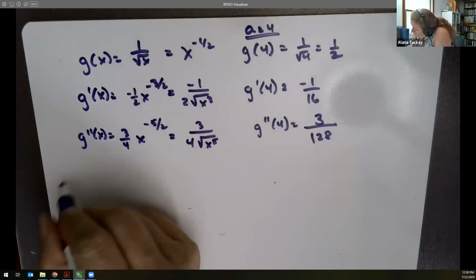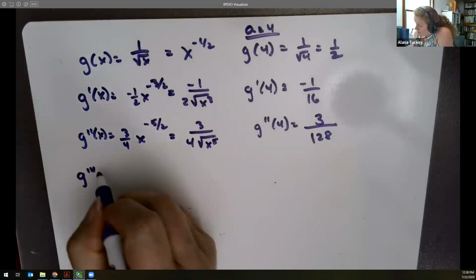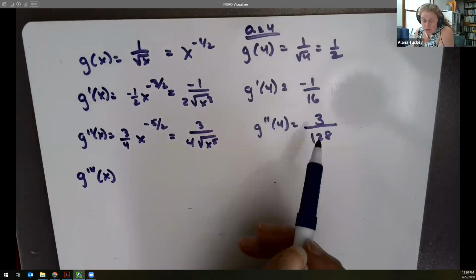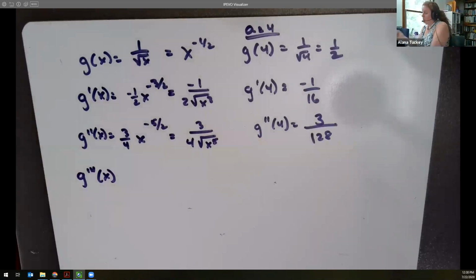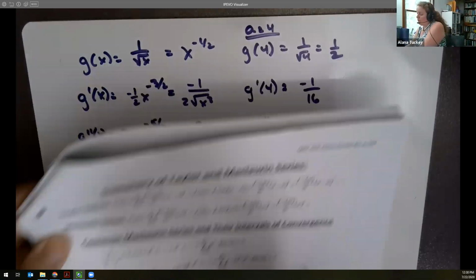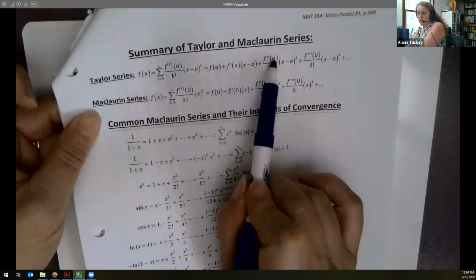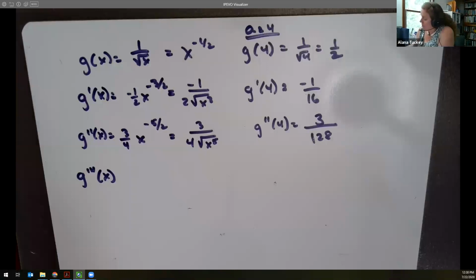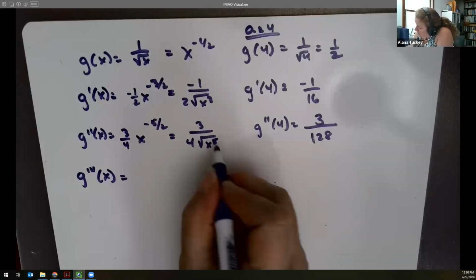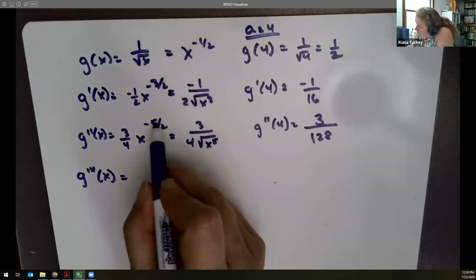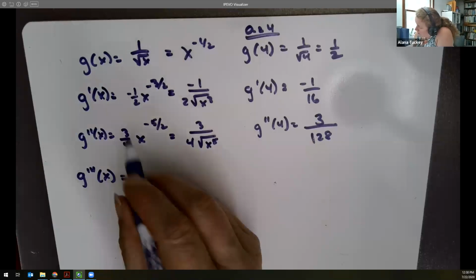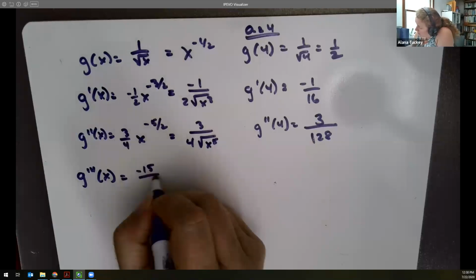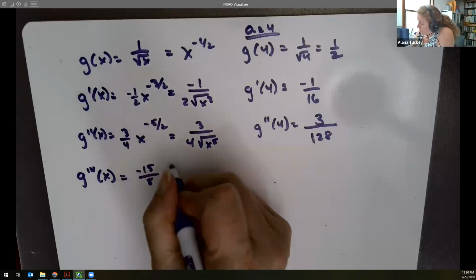And then the third derivative, these aren't the terms, by the way. These are just the coefficients. All I'm doing is taking the time to find the derivative so I can find this piece, and this piece. I'm just finding those coefficient terms. That's all I'm doing right now. And then this one is, well, let's see, 5/2 times 3/4 would be negative 15 over 8 x to the negative 7/2.